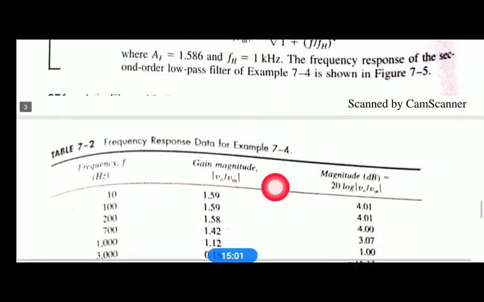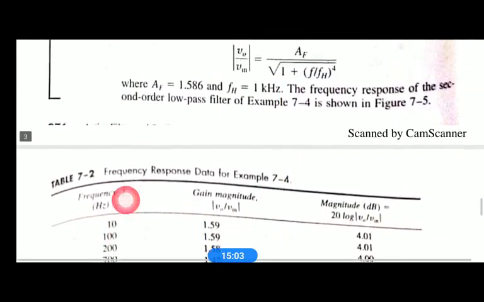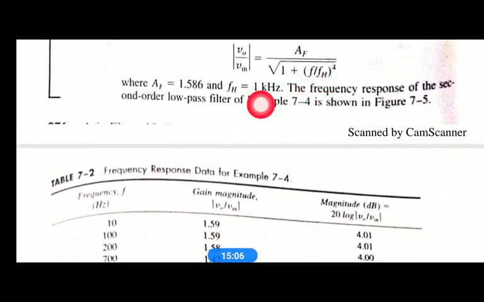For example, when f is 10, use 10 here, fH is 1 kilo. Divide this 10 by 1 kilo and take the power of 4, then add it to 1 and take the root.